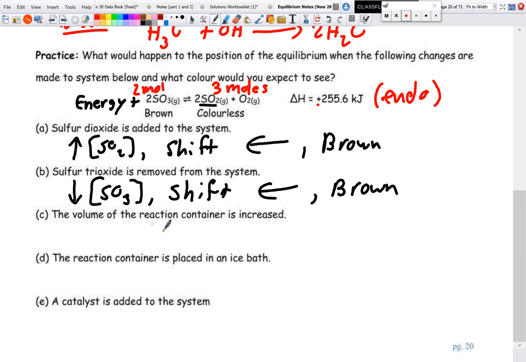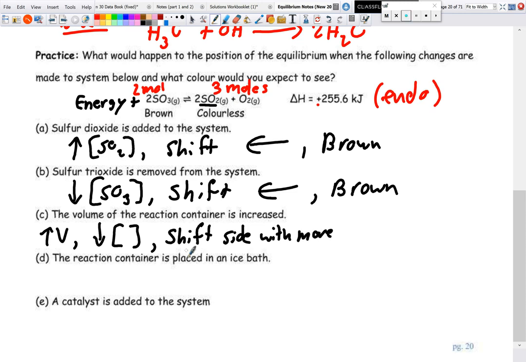So in this one here, the volume of the reaction container is increased. So this is where you had to remember, if we get an increase of volume, this is the same thing as saying a decrease in concentration of everything. So it's going to shift to the side with more moles of gas.